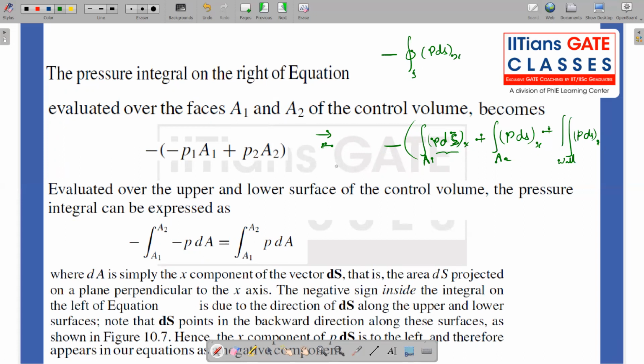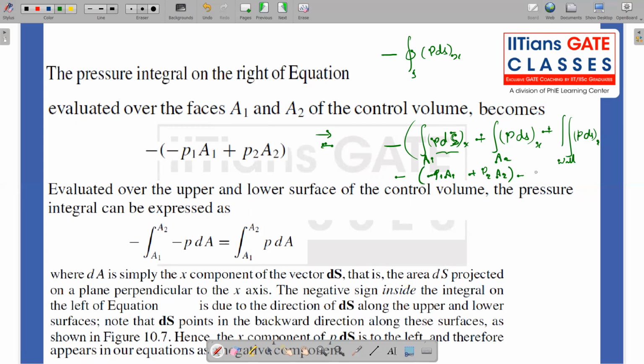If I integrate this one, it becomes P1A1 plus P2A2, but this is negative because the area is pointing the other way. So this negative is already there outside: minus, P1A1 plus P2A2.